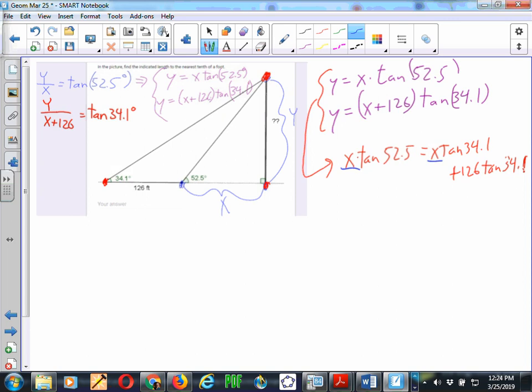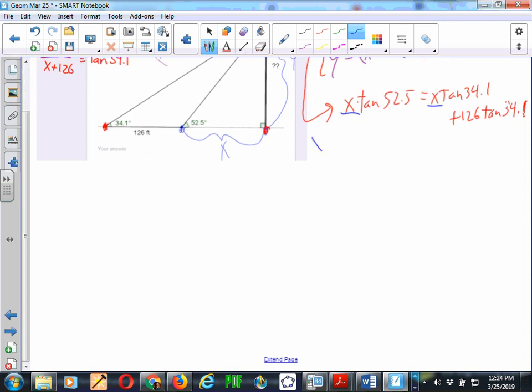We move all the x stuff over to one side, and so we get an equation that says x times tangent of 52.5 minus x times tangent of 34.1, and since they both have a factor of x, I've gone ahead and factored out the common factor of x. And over here I have 126 tangent of 34.1.